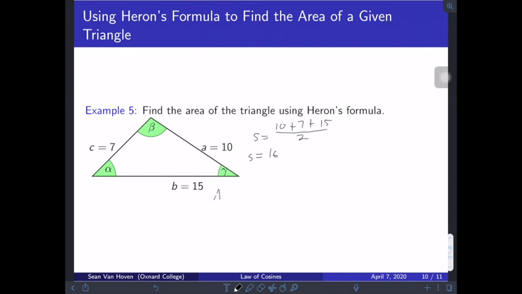This means that our area is going to be equal to the square root of 16 times 16 minus 10 times 16 minus 15 times 16 minus 7, and then calculating that, we get that the area of this triangle ends up being 29.4 units squared.